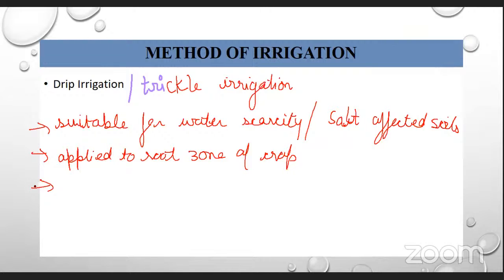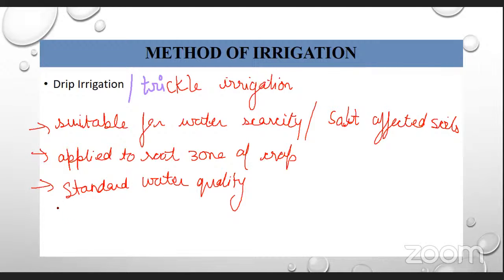So over here also in drip irrigation we have to go through the standard water quality test, so that we can tell which type of design or which type of operation we have to follow for drip irrigation.